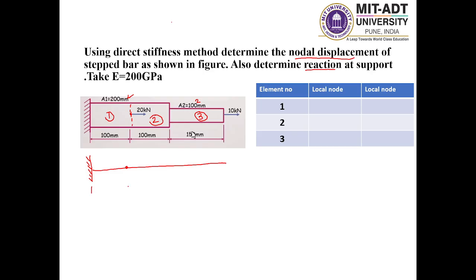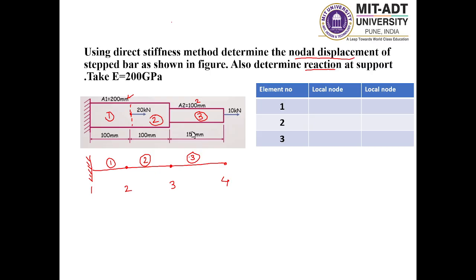This is node number 1, node number 2, node number 3, and node number 4. So we have 4 nodes. The first element is between node 1 and node 2, the second element is between node 2 and node 3, and the third element is between node 3 and node 4.